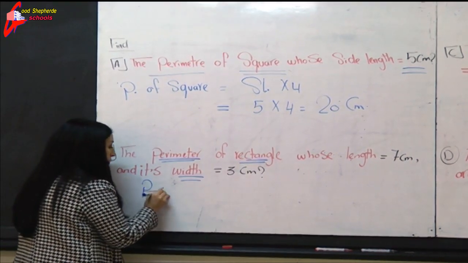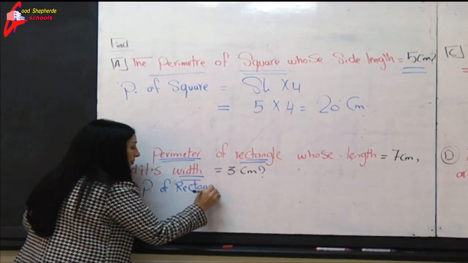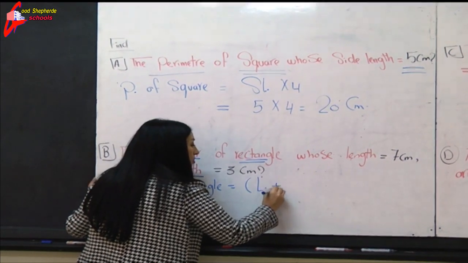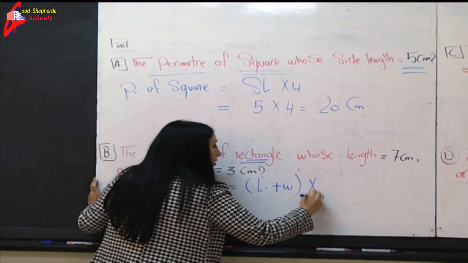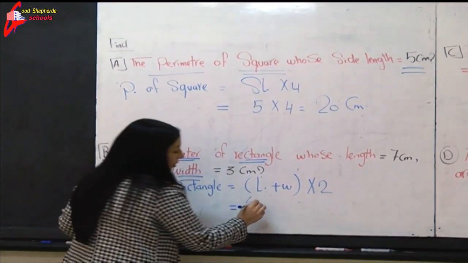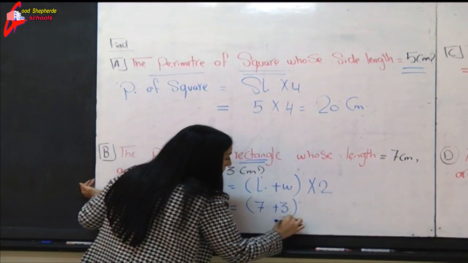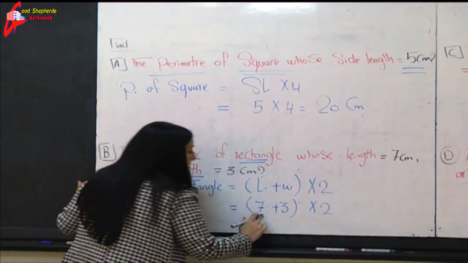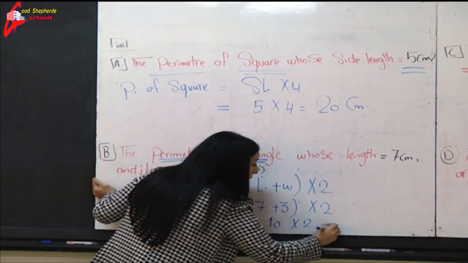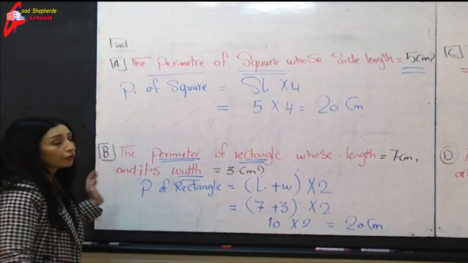Perimeter of rectangle equals length plus width, all times 2, equals 7 plus 3 times 2. 7 plus 3, 10, times 2 equals 20 centimeters.